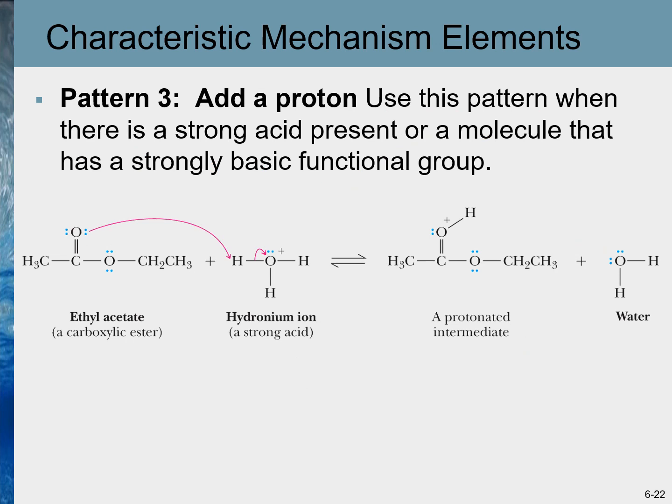Pattern 3 involves a transfer of proton, and it is observed whenever there is a strong acid or a molecule which has a strongly basic functional group. I call this pattern a proton transfer step. As the name suggests, in this pattern, a proton will be transferred.